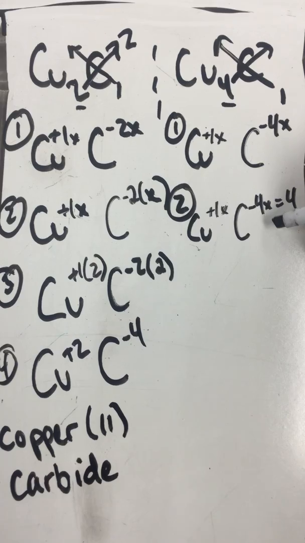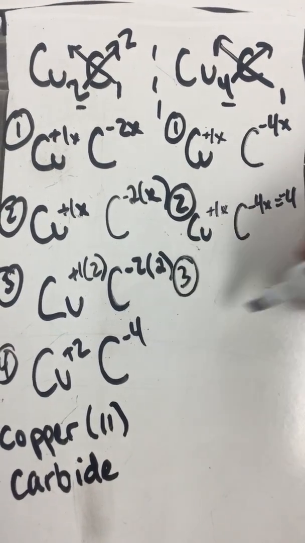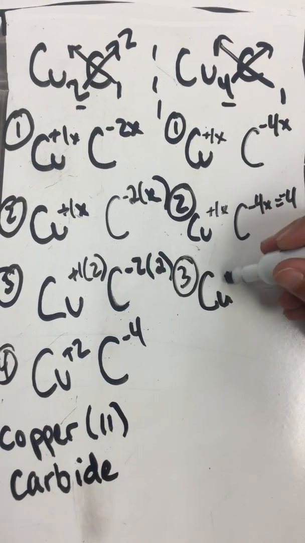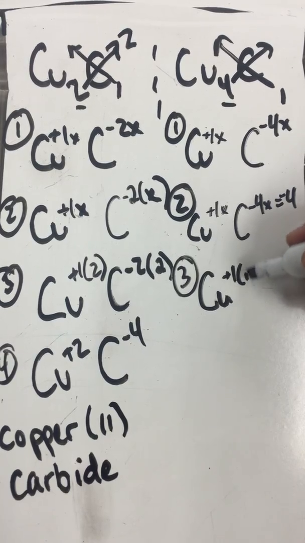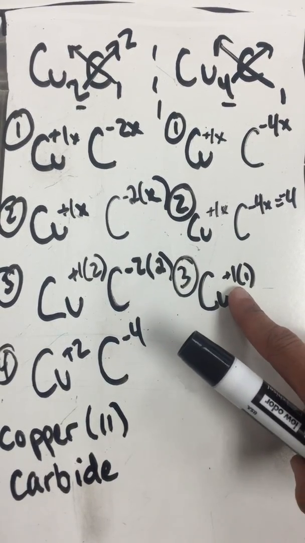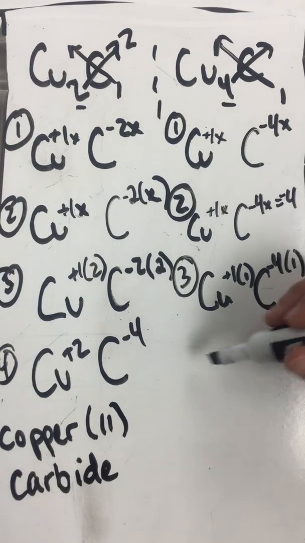In order to solve for x, I'm going to have to multiply -4 by a 1, or just keep it by itself, in order to get -4. I don't really have to do too much here because this x is actually just going to be a 1. But I'm going to plug it in here anyway, just because it's good to get into some habits. So I'm going to multiply my +1 here with copper by 1, and my -4 here with carbon by 1.